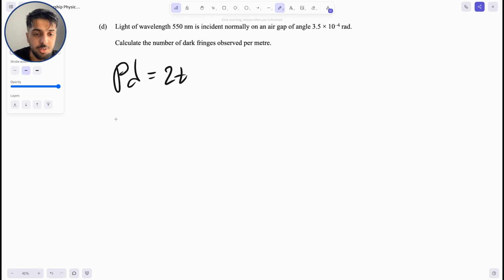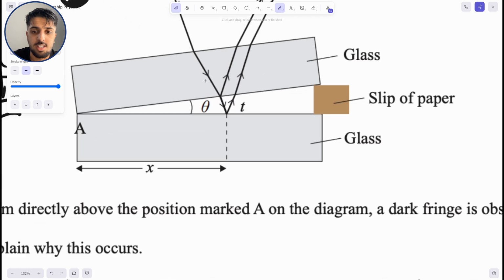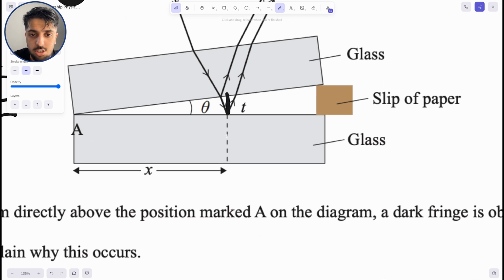And therefore we know that our path difference is equal to n lambda, so n lambda is equal to 2t as well. And due to the size of the angle, we can use our small angle approximation for this, right? We can see here that this is not actually a straight line down. It's more going to be a curve due to the wedge shape.